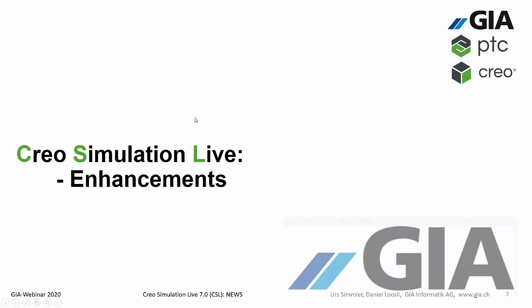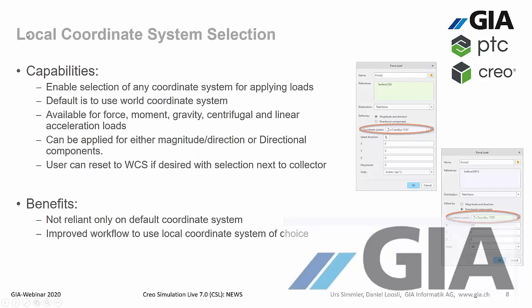Then let's have a look at the Creo Simulation Live news. These enhancements are available in Creo 4, 5 and 6, and of course also in Creo 7. And these enhancements are extending the capabilities, so it's easier to define loads and constraints with the help of user-defined coordinate systems.